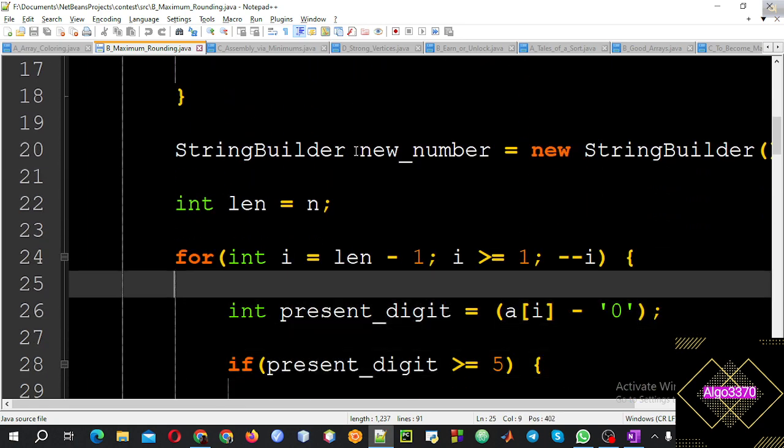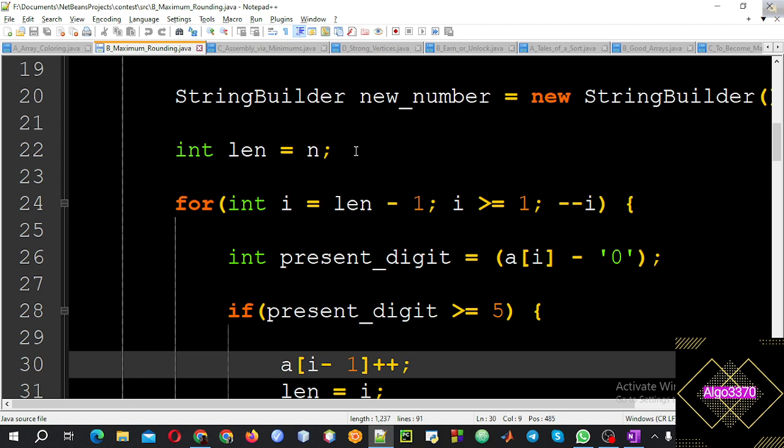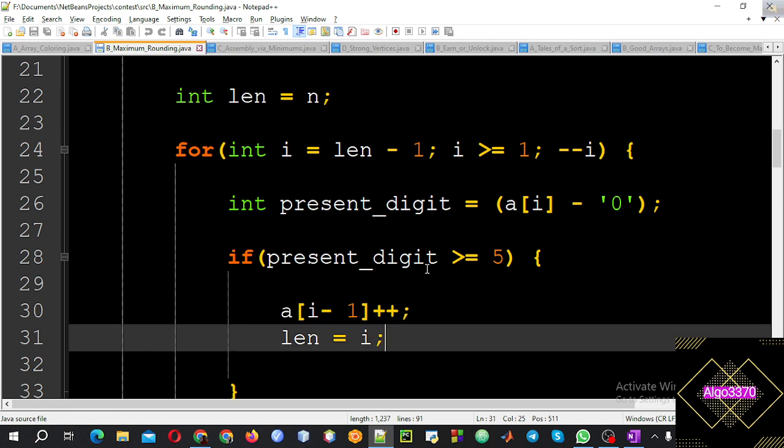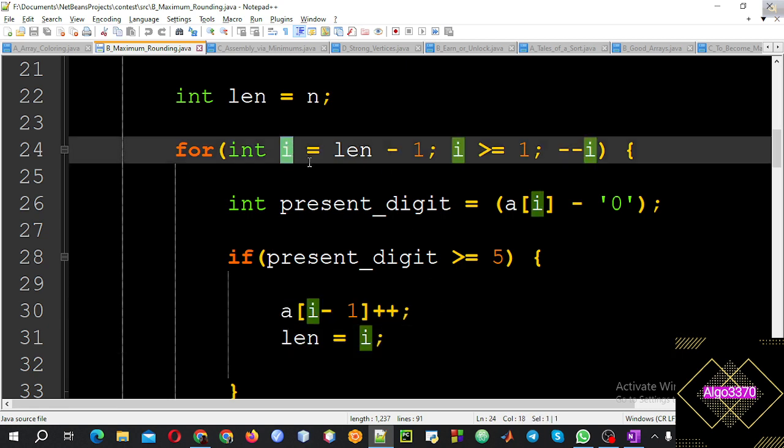Our len of the value is n, and we have to pick the leftmost position of len where the present digit is greater than or equal to 5. If this happens, we will increase the (i minus 1)th value. Why? Because the ith element we will calculate as the (k minus 1)th index. Our kth index is the (i minus 1)th value.